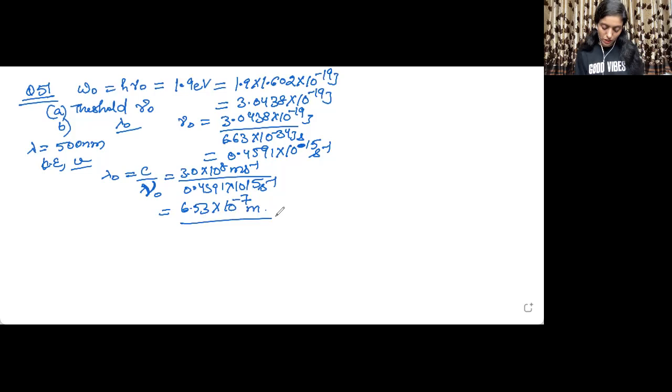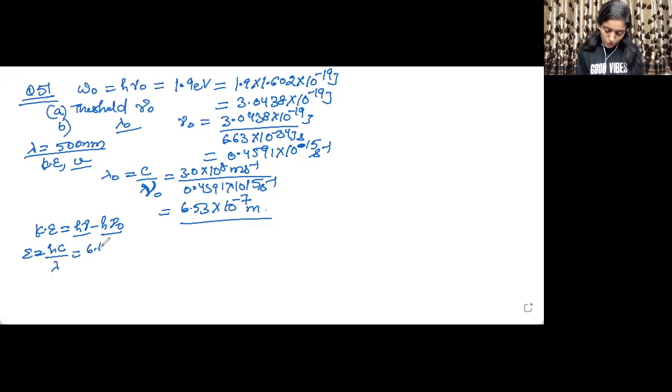We now need to calculate what is the kinetic energy. So kinetic energy is equal to h nu minus h nu naught. We have the value for h nu naught, but we do not have the value for h nu, that is the energy of the photon which is irradiated upon the metal. So we can just get it from the value of lambda. So E is equal to hc upon lambda.